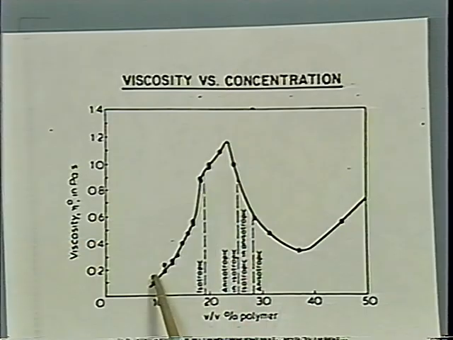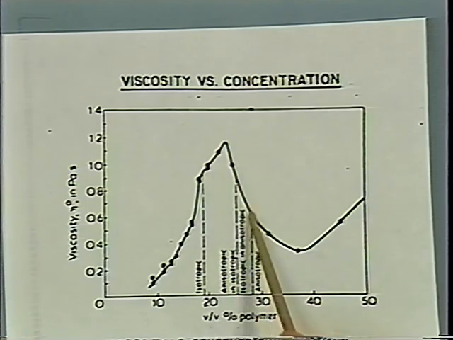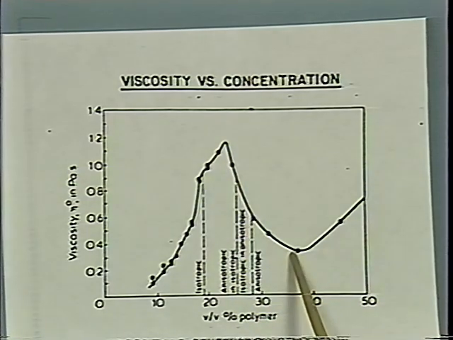If you take such a lyotropic liquid crystal, that's the name, lyotropic liquid crystal systems, and add more and more polymer to the solvent, you first increase the viscosity. As the nematic state appears, the viscosity drops. Again, we use viscosity to detect the appearance of a nematic phase.